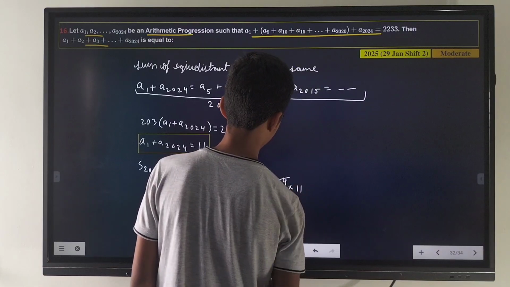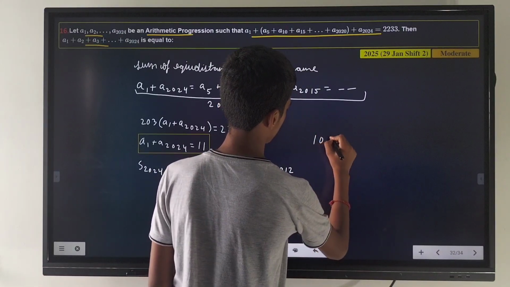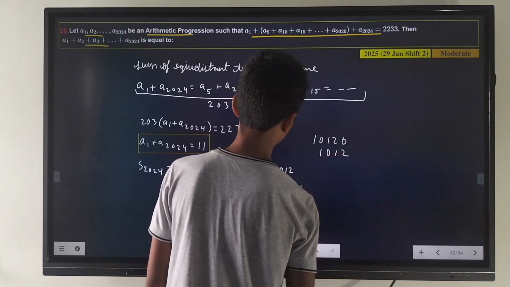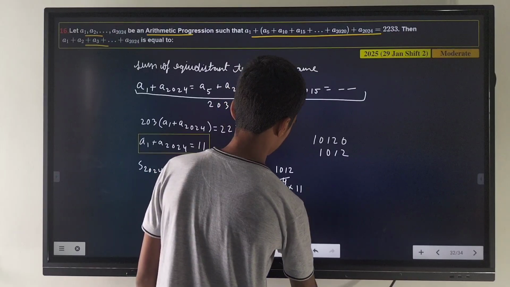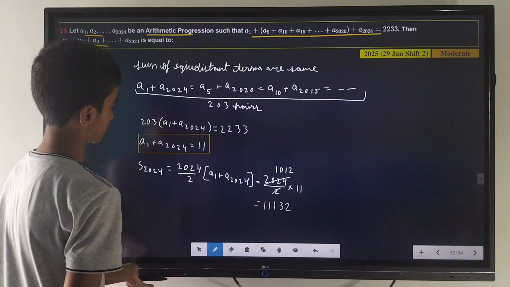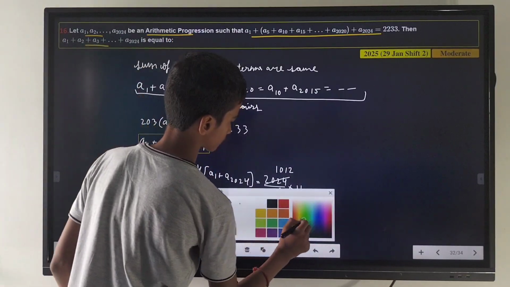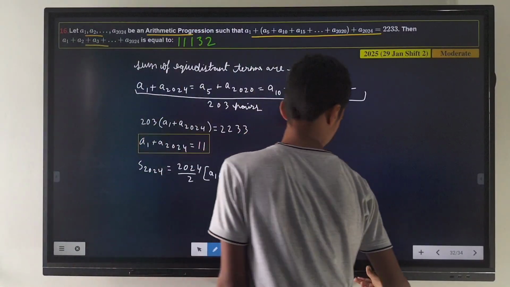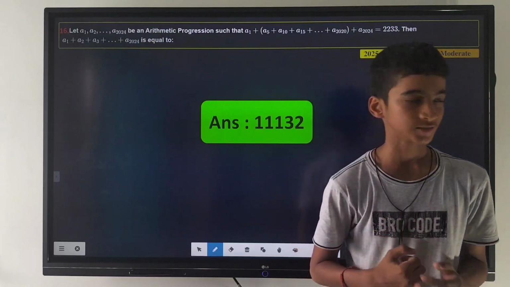We will cancel 2024 as 1012, 1012 into 11. This is equal to 11132. So our answer is equal to 11132. And from here we can see that our answer is correct.